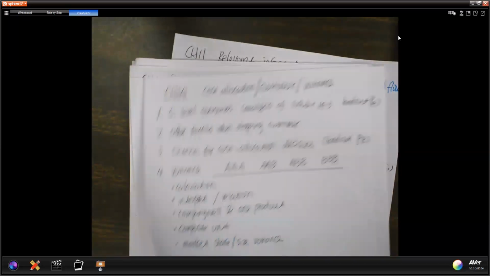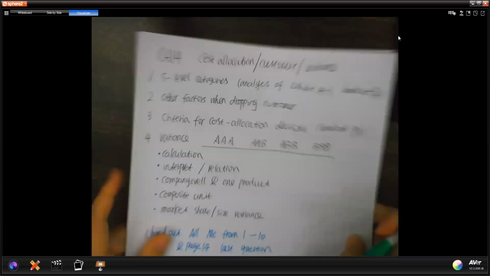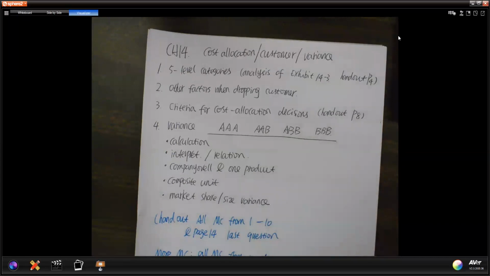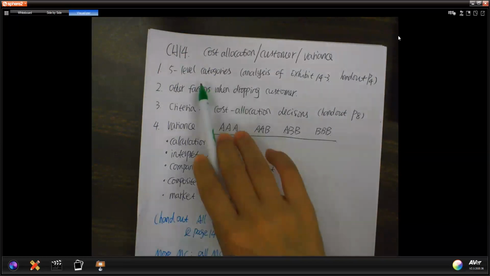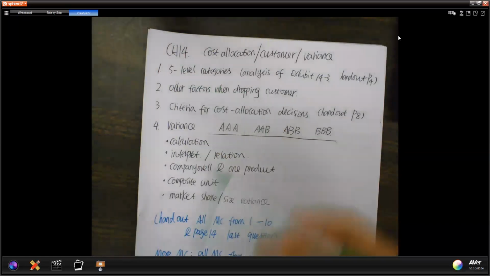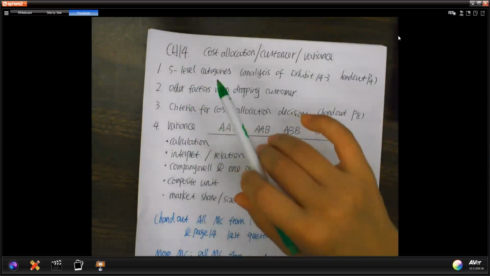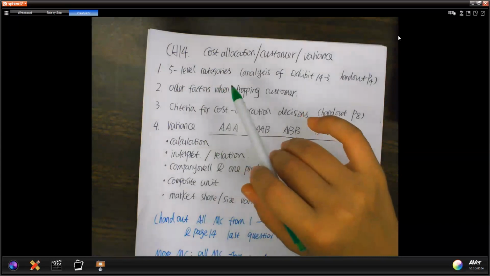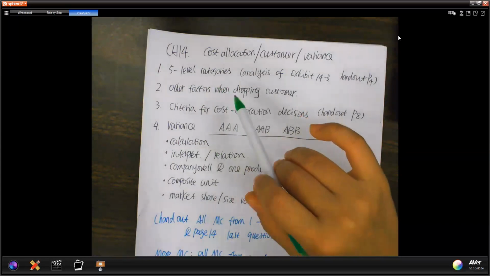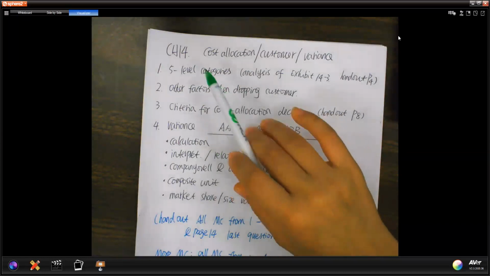Then from that one, we went to some lighter chapters, I think, except for chapter 14. Chapter 14, as I keep saying, has two main parts. One is about customer profitability. The other one is all the variances, right? For the customer, there are 5 levels, not only for the customer: unit level, batch level, customer level, channel level, and then division level, right? There are 5 levels.